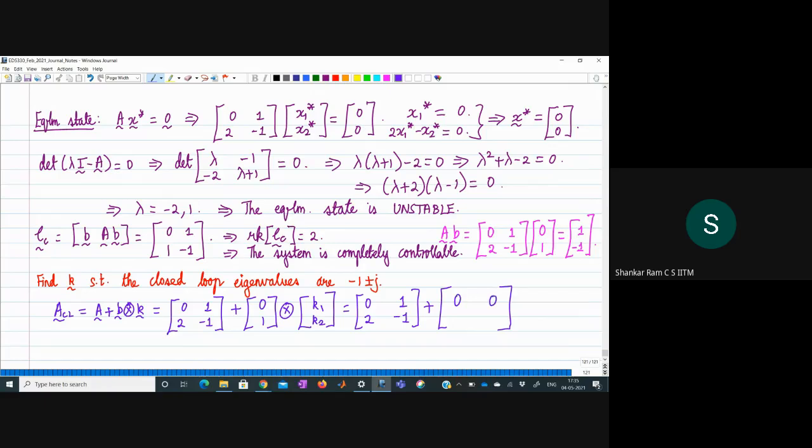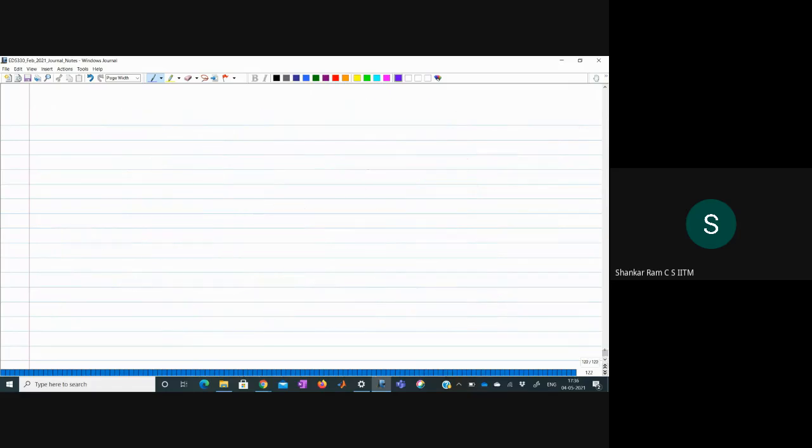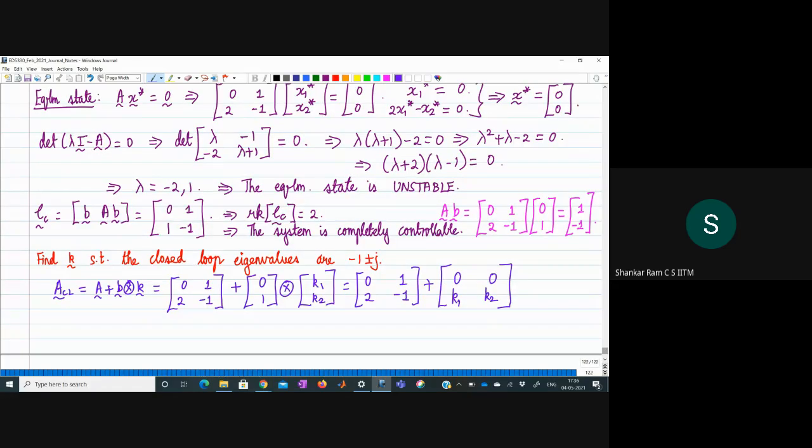So the first row of that matrix, B outer product K, will be 0. The reason being the element B1 is 0. In the second row, we'll get B2K1 and B2K2. The value of B2 is 1, so we'll just get K1 and K2. I hope it is clear how we got this expression.